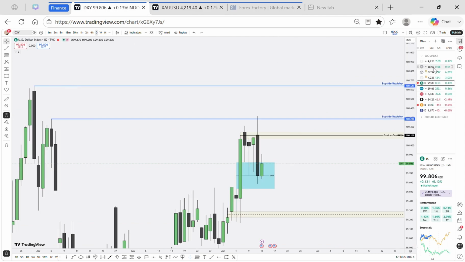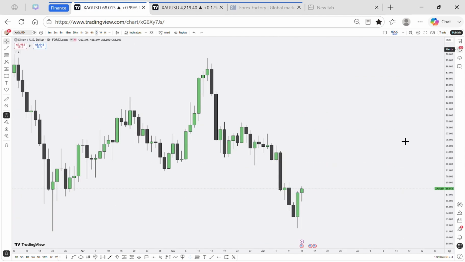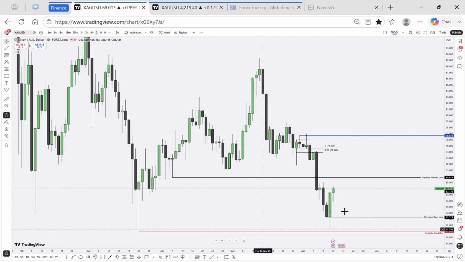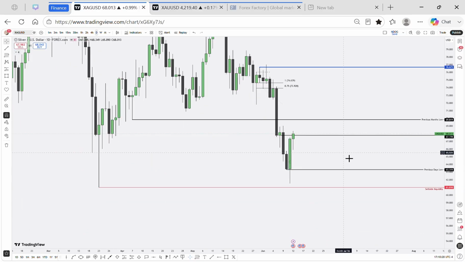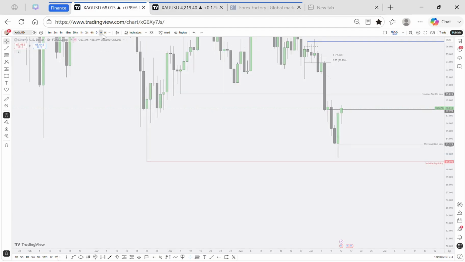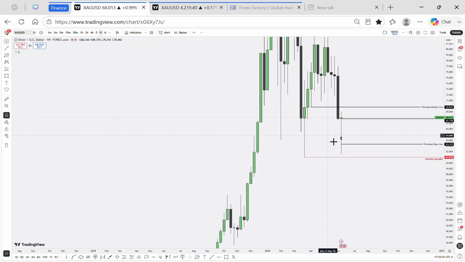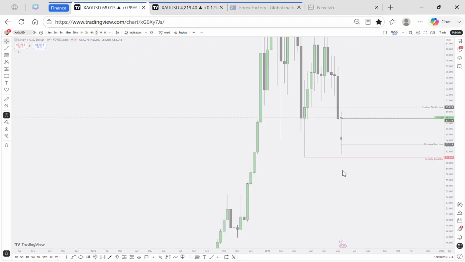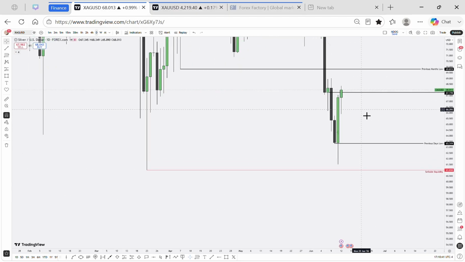I might as well. We have silver. Now, silver is not really clear to me anymore, like I would always want. Let me just go back to the weekly. Definitely, I would want to see price take out the sell side objective, but currently, how we're trading on the daily, I'm just going to sit.